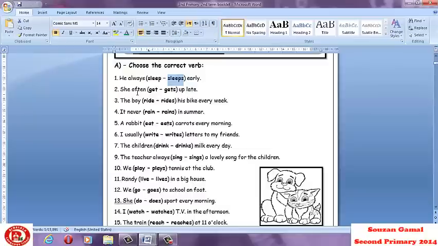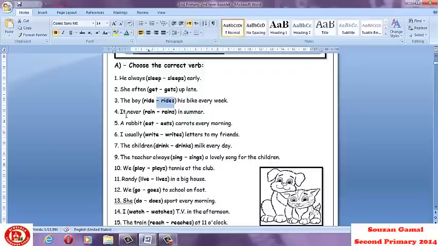Number 2. She often gets up late. Number 3. The boy rides his bike every week. The boy equals what? He. So the boy rides his bike every week.